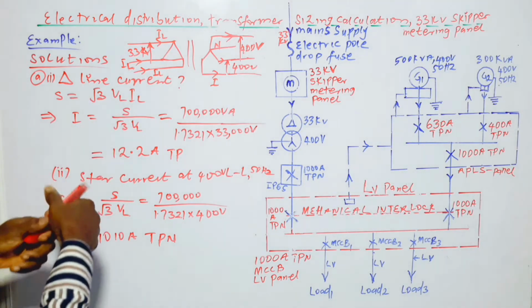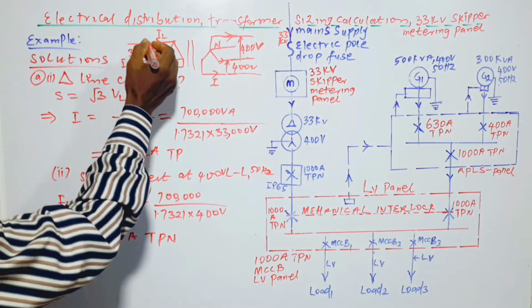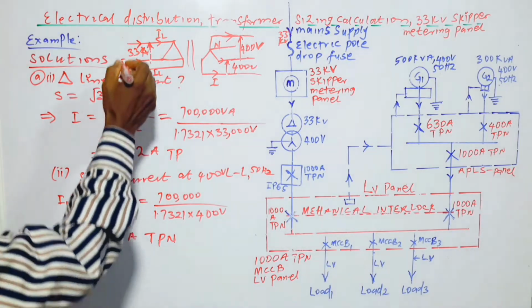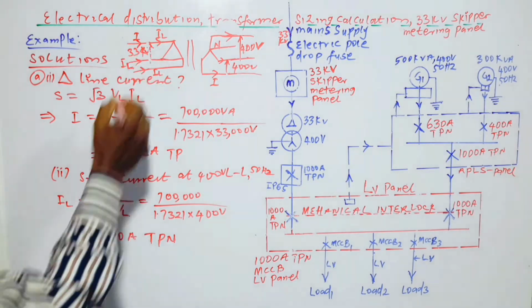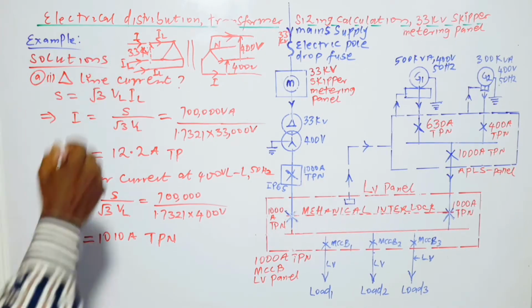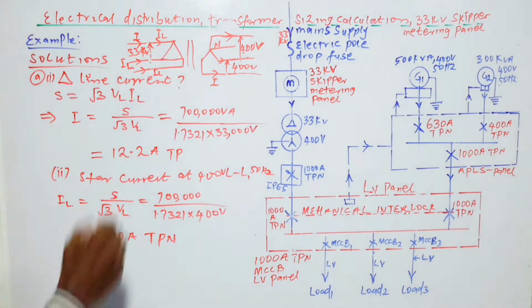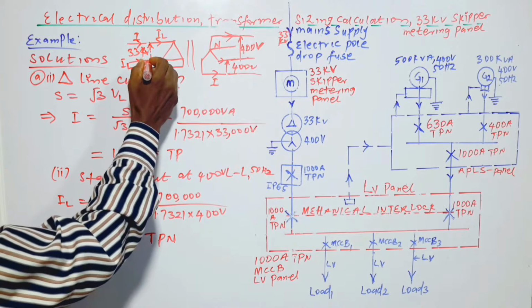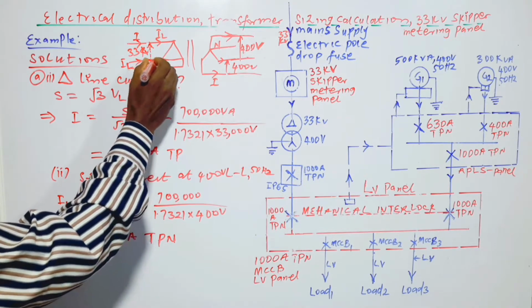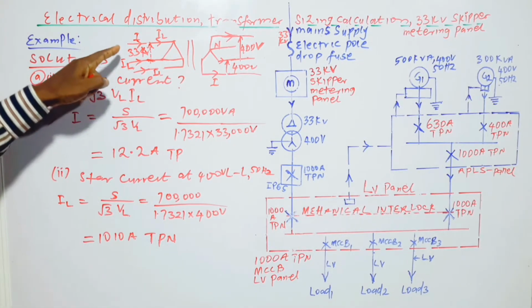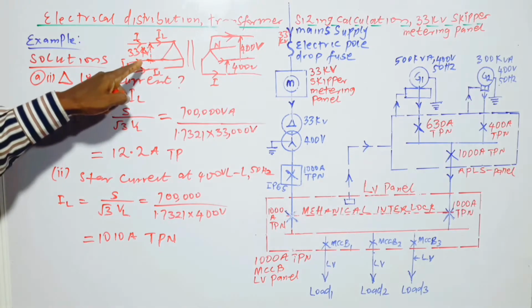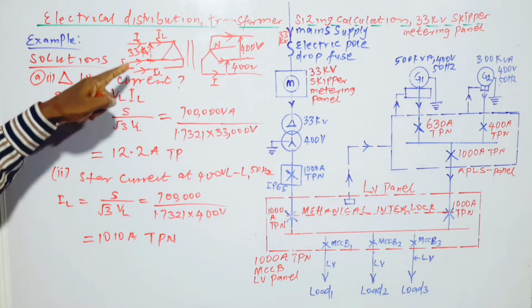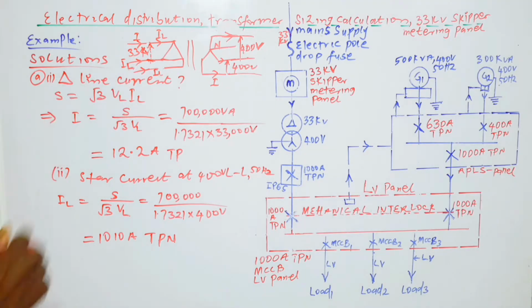This current I is the same for the three lines. Now the line voltage is 33 kV.